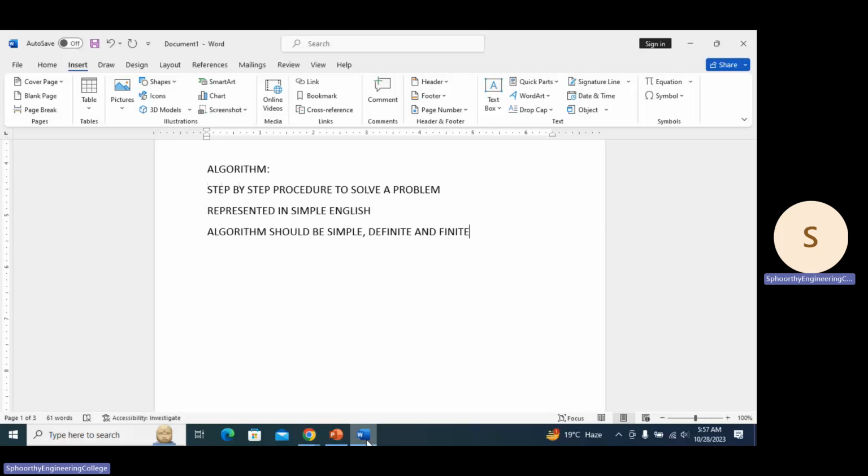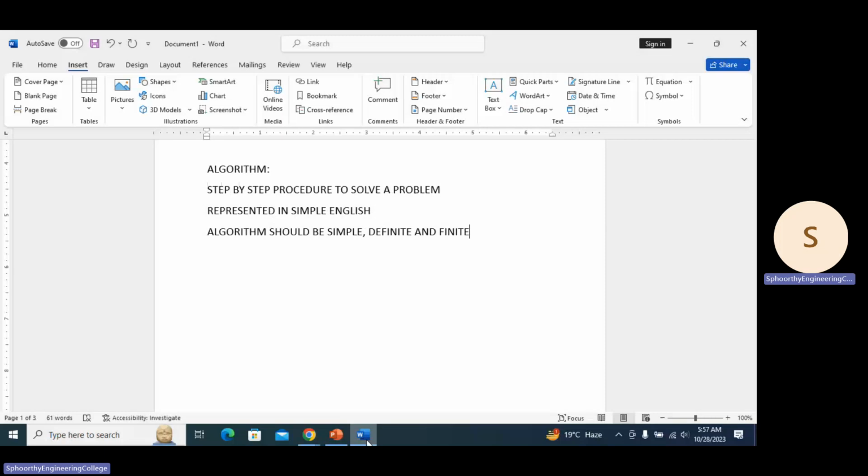Then divide that number by 2 and check the remainder. Got it? So what do you mean by even number or odd number? If a number gets divided by 2 and if the remainder is 0, meaning it is completely divisible by 2, then it is an even number, otherwise odd number. So what are the steps involved in solving this problem? Step 1, you need to read the input from the user.